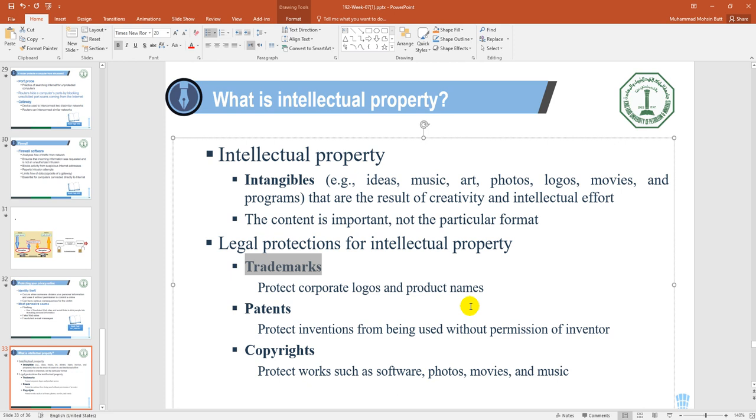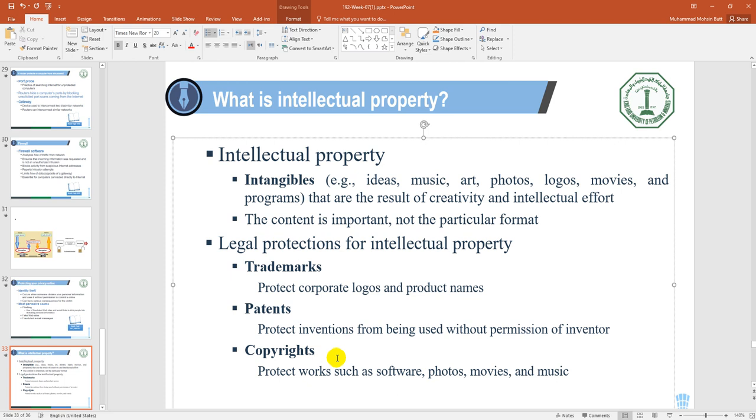Then the remaining intellectual property, like your software, games, music, movies, is basically protected using what we call copyright laws. They use different techniques. For example, software is protected by license numbers. Whenever you purchase, for example, Microsoft Office, you will get a license number from the developer.